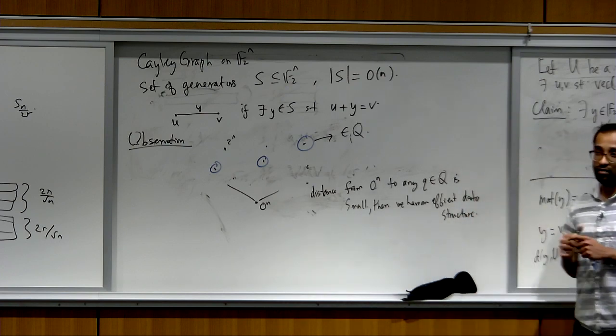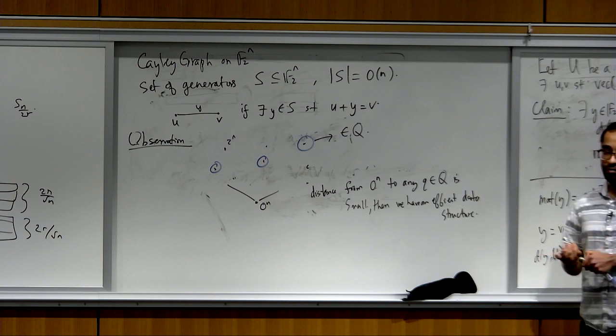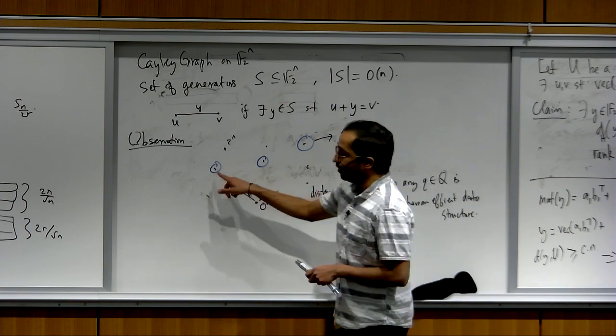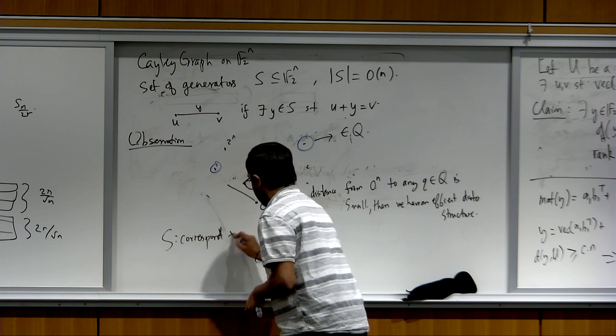In the linear case. Is that clear or no? All I'm saying is, I guess the part you left out is that S corresponds to the set of stored vectors. Yeah, sorry. So S is going to correspond to the set of stored vectors.